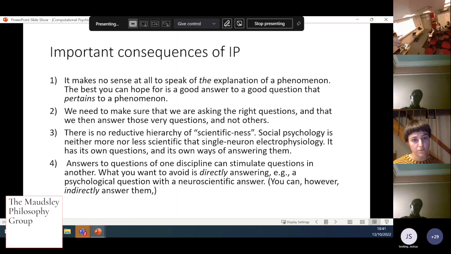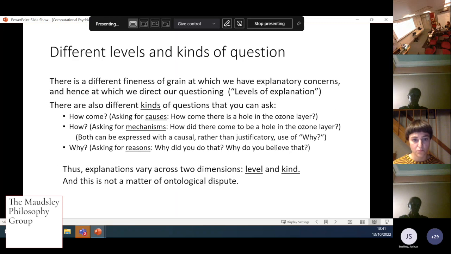You can, however, indirectly answer them in ways that we might touch upon later. So you get different levels and kinds of question, and with that, different levels and kinds of explanation. There's a different fineness of grain at which we have explanatory concerns, and hence at which we direct our questioning. That's levels of explanation.